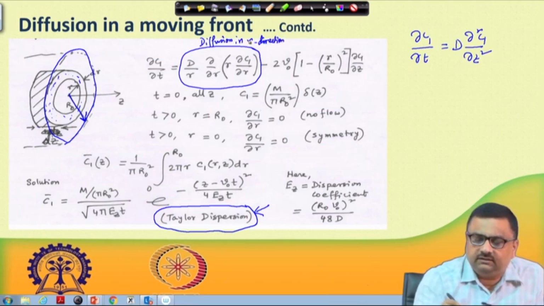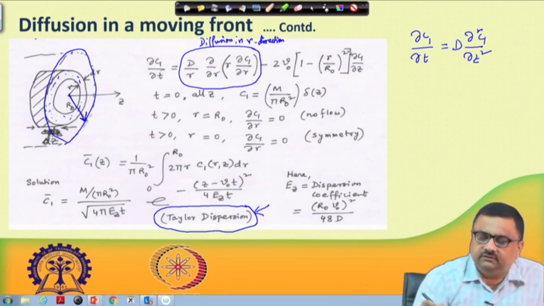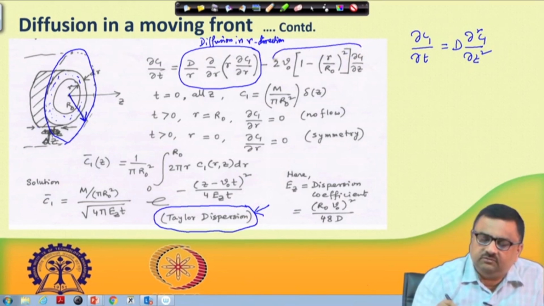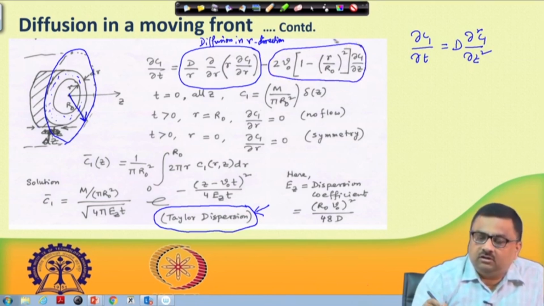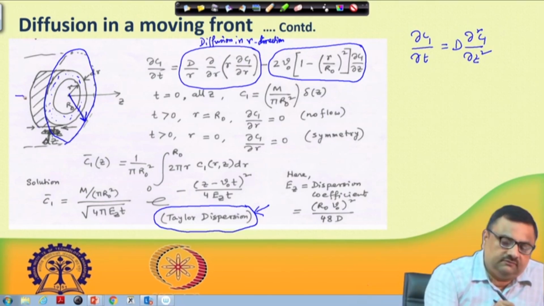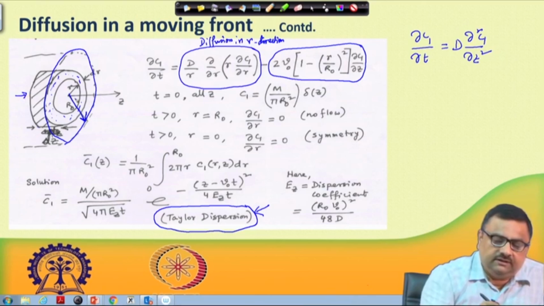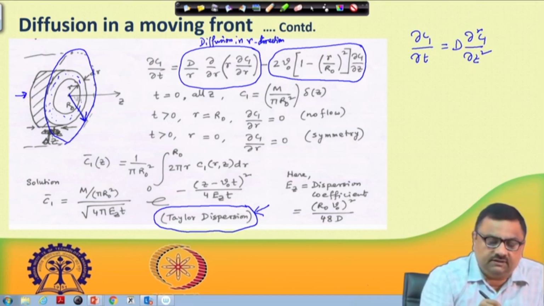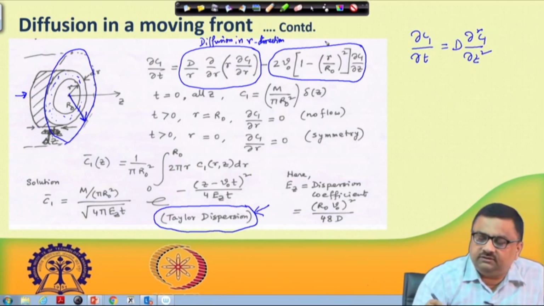And further you have a term arising from convection, that means some material is being delivered because of the velocity itself.